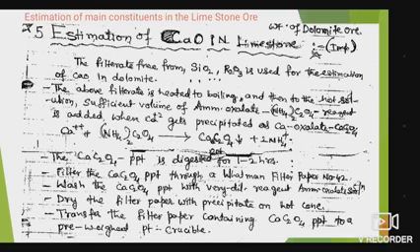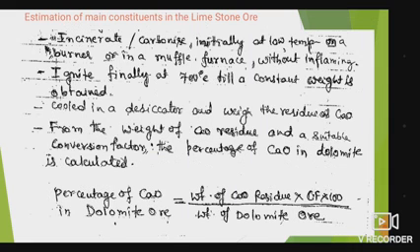Transfer the filter paper containing CaC2O4, that is nothing but the calcium oxalate precipitate, to a pre-weighed platinum crucible. Then incinerate, carbonizing initially at low temperature on a burner or in a muffle furnace without inflaming. After that, ignite finally at about 700 degrees Celsius till a constant weight is obtained.